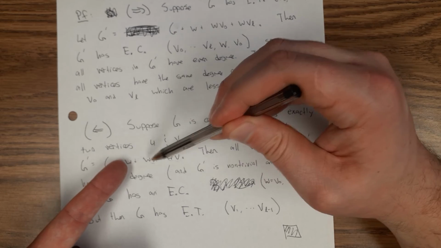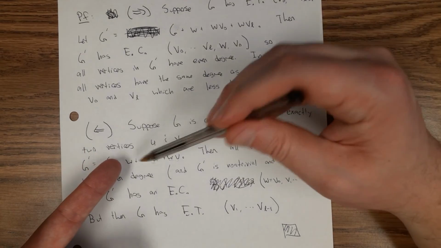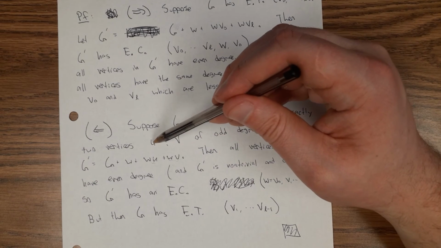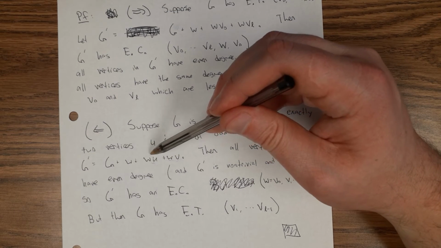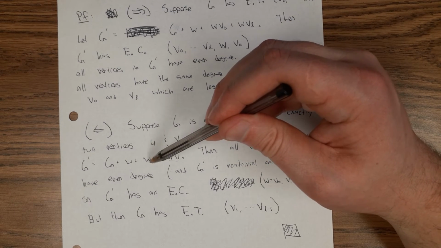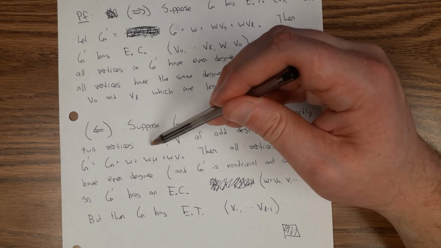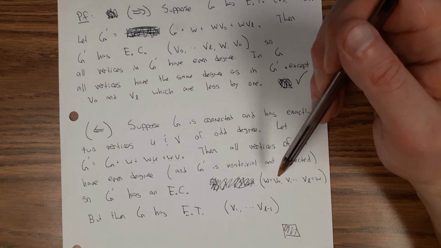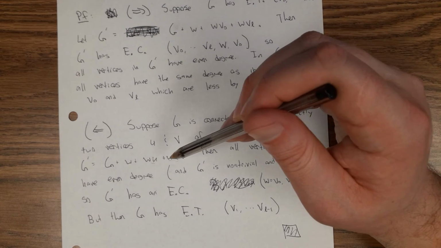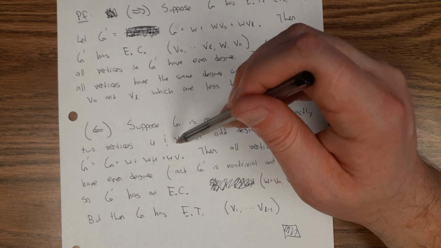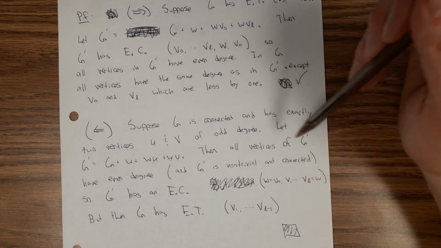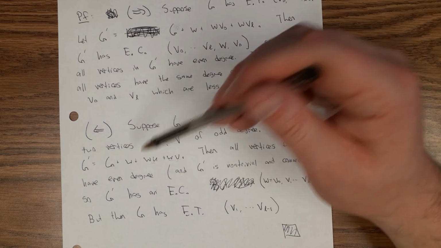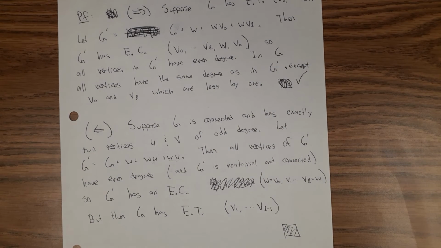So the new vertex is going to have degree 2. That's even, so that's good. The degree of U gets bumped up by 1 because we drew this edge to U. So the degree of U was odd, but now it's going to be even in G prime. The degree of V was also odd in G, but will be even in G prime. So in G prime, all the vertices have even degree.